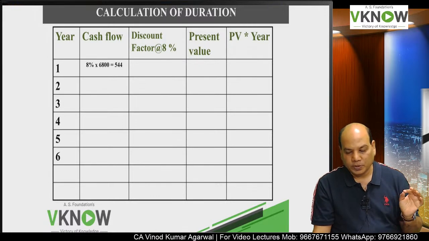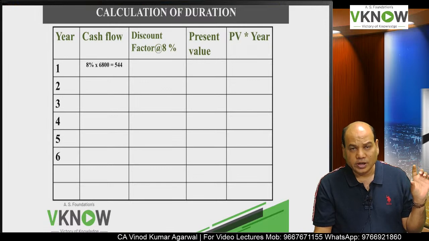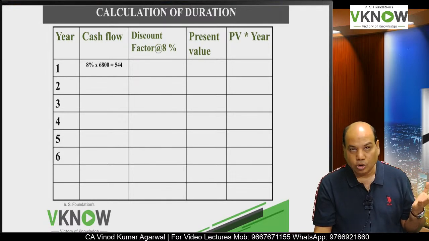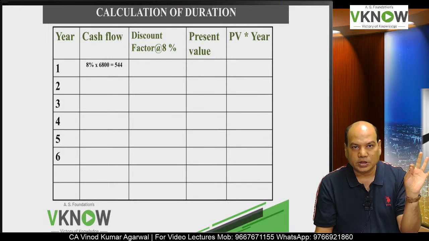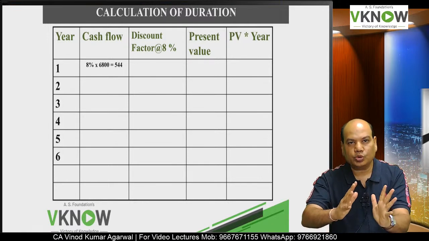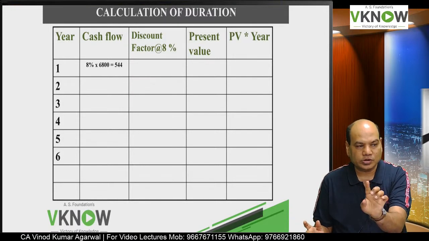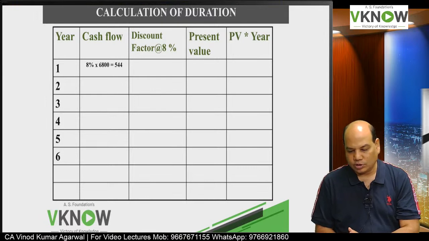And what will be your coupon amount? 6800 is the face value of the bond you have bought, into 8%. Or you can simply take 100 rupees into 8%, because duration in years will not change whether you take 100 rupees or 6,800 rupees for calculation.